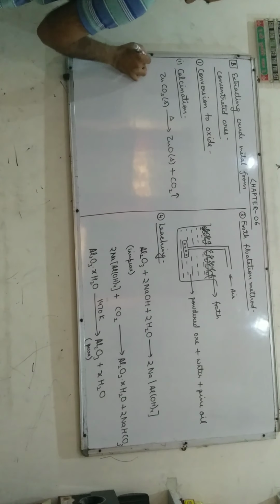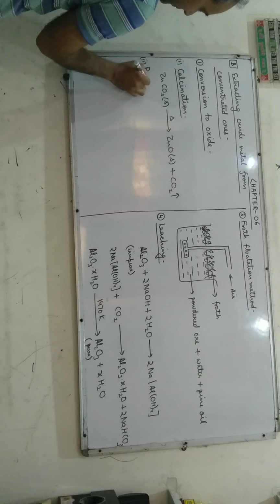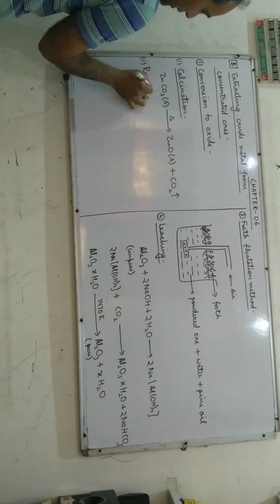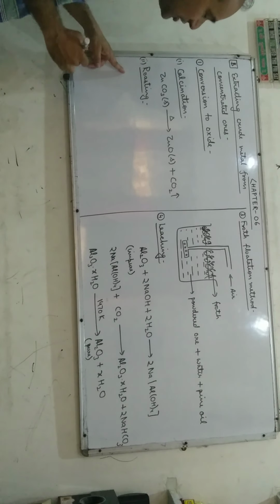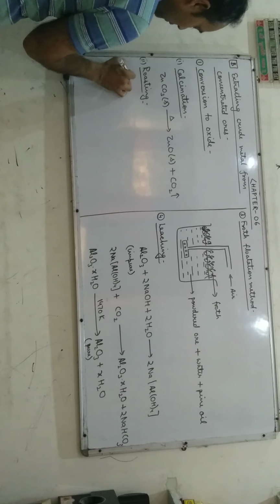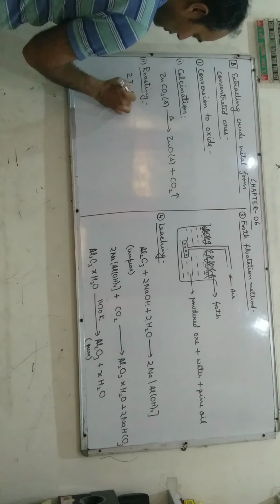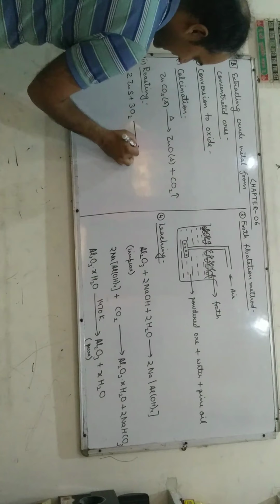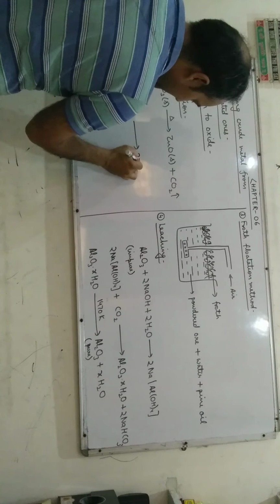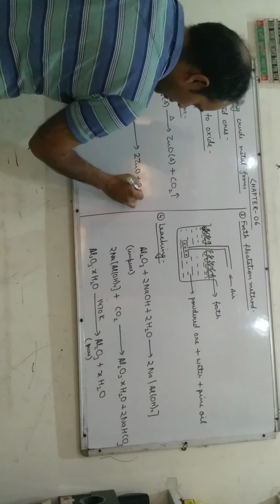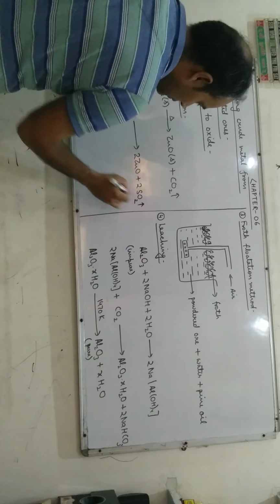And the second process is roasting. The process of strongly heating ore in excess of air is called roasting. It is generally employed for sulfide ore to convert it into oxide ore. For example, when zinc sulfide is heated with oxygen, we obtain zinc oxide along with SO2.